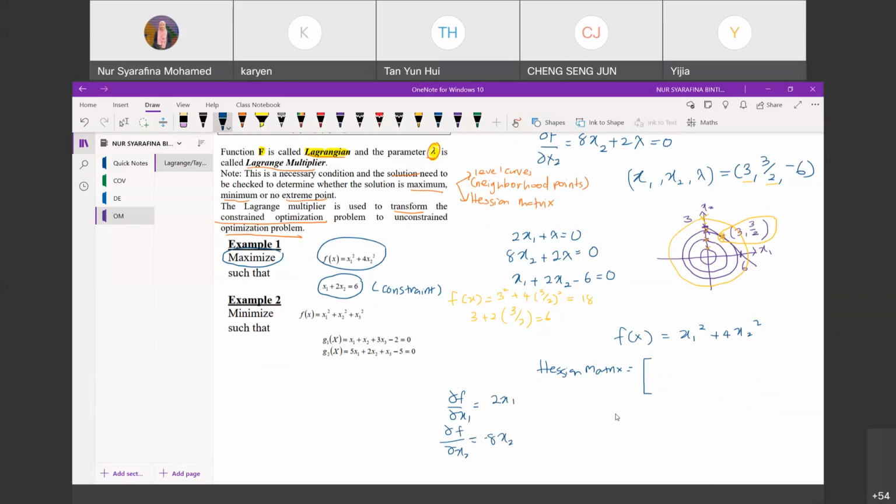In order to form the Hessian matrix, we need f x1x1, f x2x2, f x1x2, and f x2x1. This one, x1x1, is 2, x2x2 is 8, and this one is 0, right?